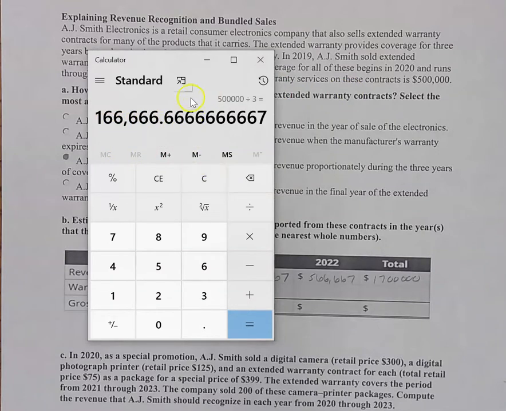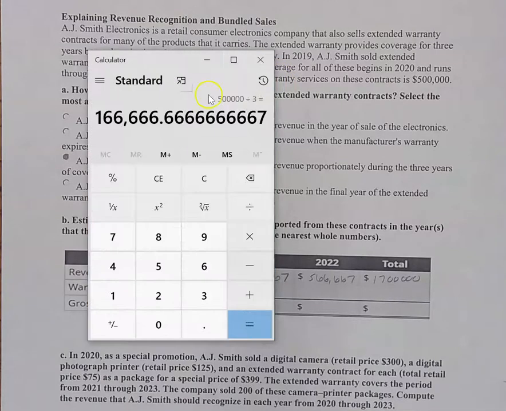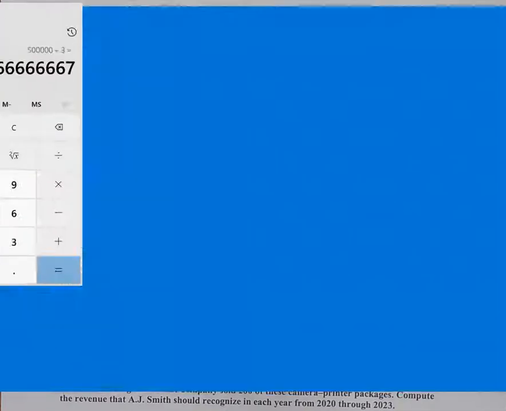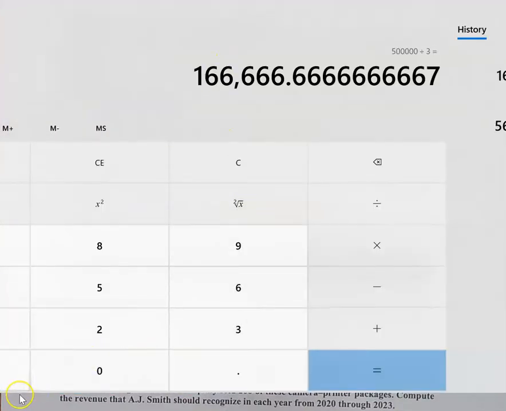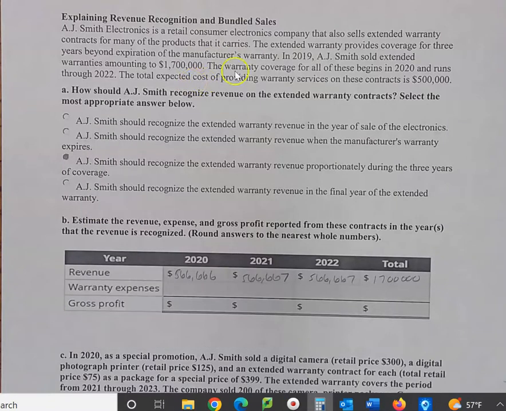We're going to do that the same way that we did before. Let me put that back over here and see if I can fit it somewhere. Maybe not. So 166, 666. Let's get that out of the way.